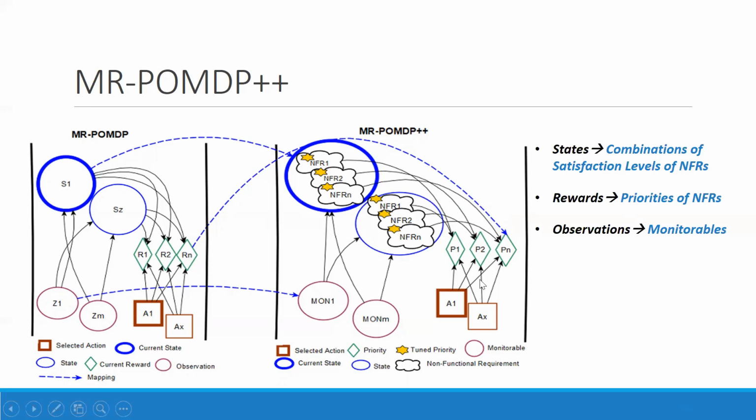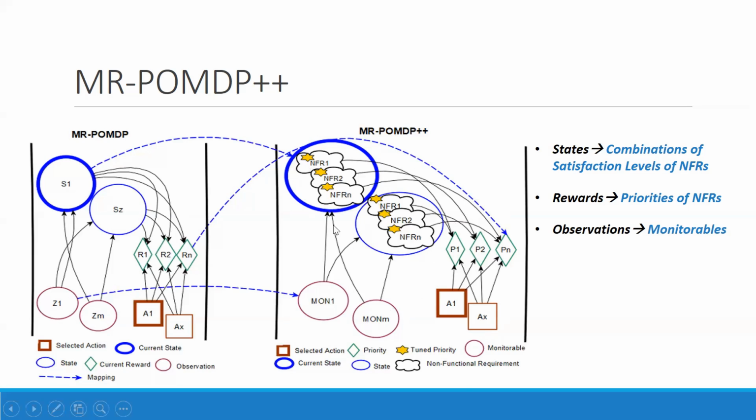So based on the monitored observations and the current state of satisfaction levels of non-functional requirements, an adaptation action is selected based on the individual priorities of non-functional requirements, represented in the form of a vector valued reward function.